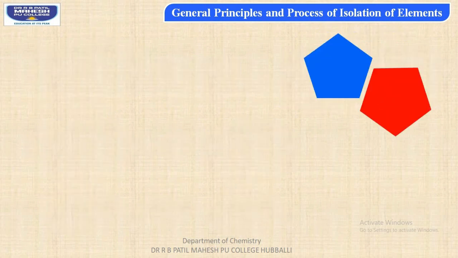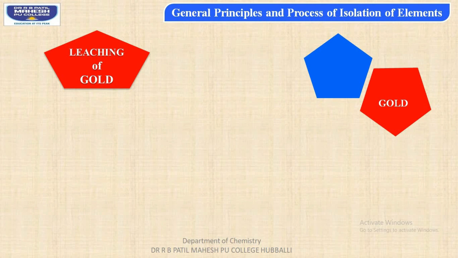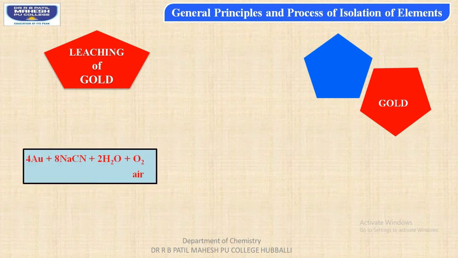Next, students, we shall consider leaching of gold and silver. So first, leaching of gold. For this, we are using ores of gold which are reacted with sodium cyanide as a leaching agent in presence of water and atmospheric oxygen.